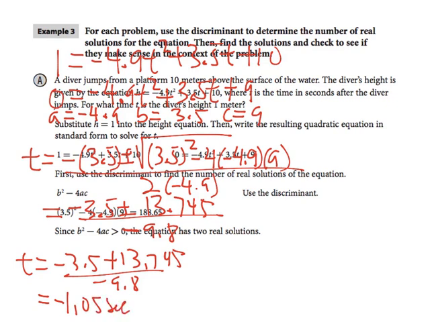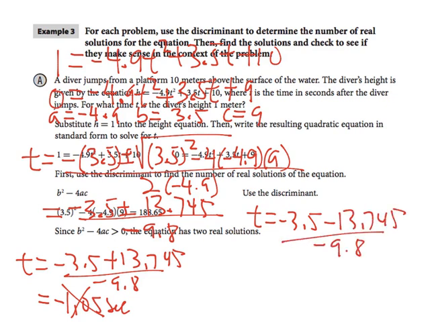Remember, since t is time, it cannot be negative, so we cannot choose this answer. So then the other answer would be negative 3.5 minus 13.745 over negative 9.8.